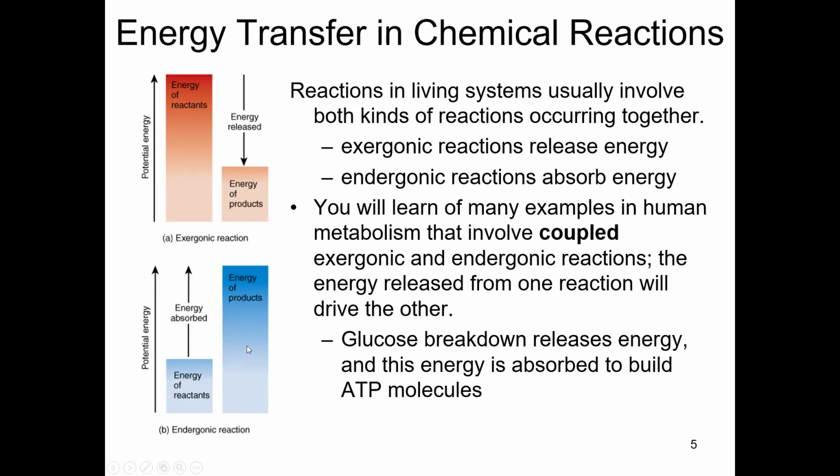And then take a look at this bottom. There are chemical reactions in the body where energy is absorbed. This is a group of chemical reactions where new chemical bonds are formed and energy is needed to be incorporated into those new chemical bonds.